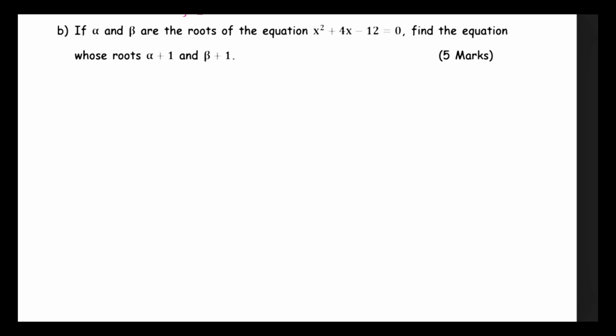So that we're able to substitute here. The first thing is to obtain the sum and the product of roots of the equation that we have, that is x squared plus 4x minus 12 is equal to 0.